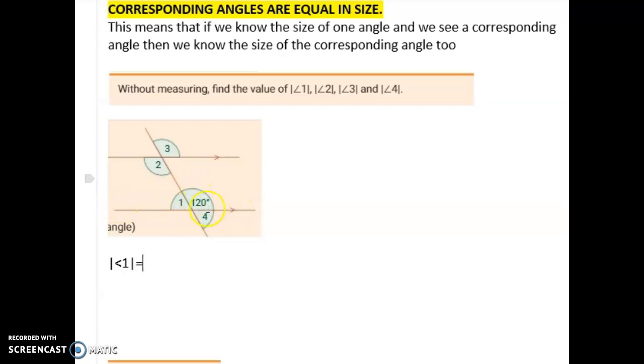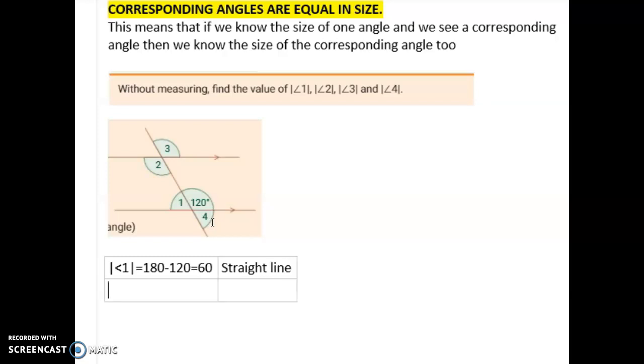If we take away 120, we'll get angle 1. So 180 minus 120 equals 60 degrees. And that is our angle 1. We always have to give a reason, and the reason is a straight line. Now let's look at the next one.